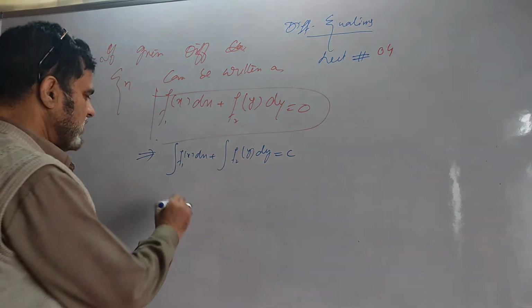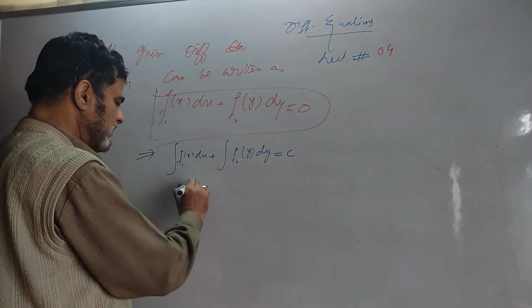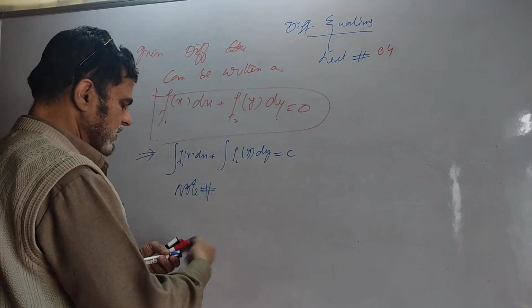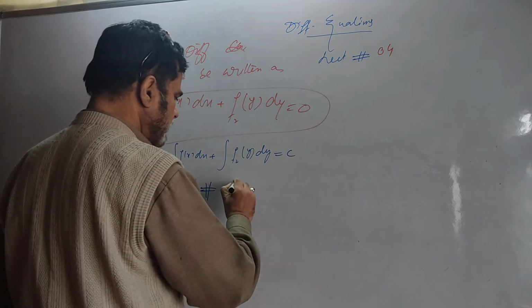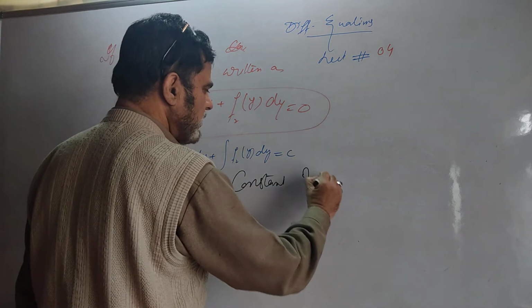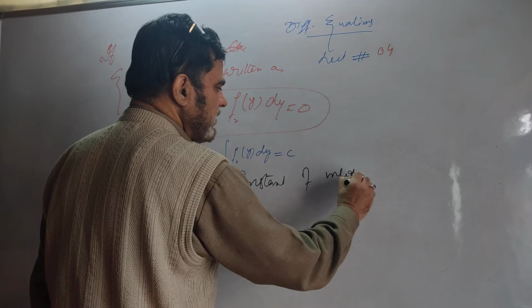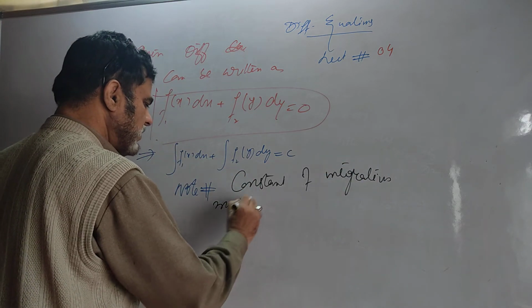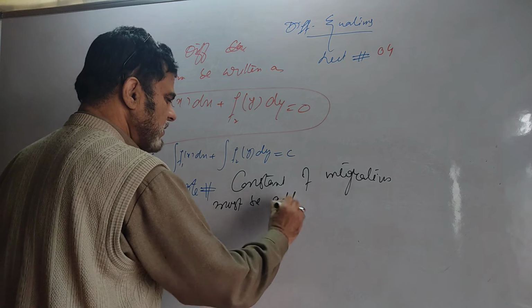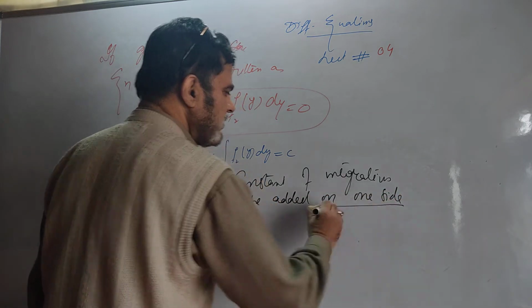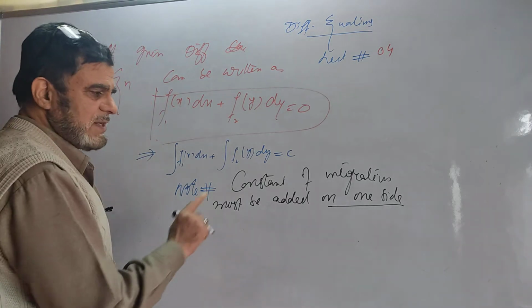So I shall put a note here for you. It is very important. The constant of integration must be added on one side, only one side, not two sides.